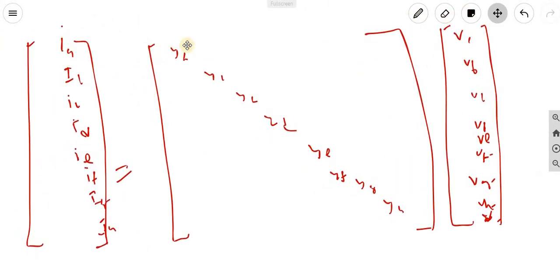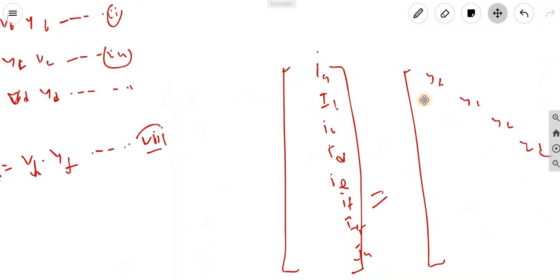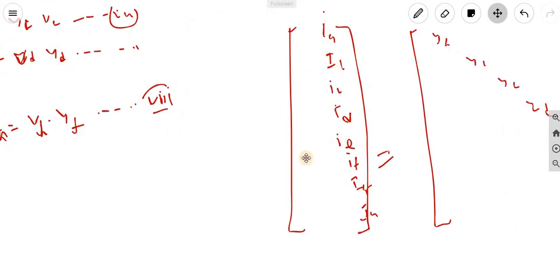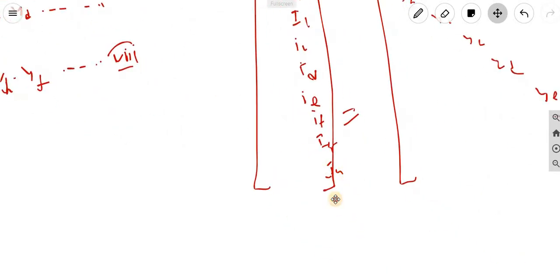From these 8 equations we take a matrix form.